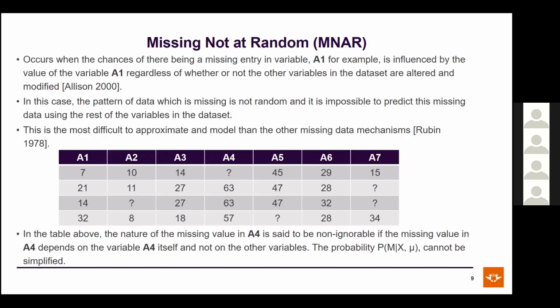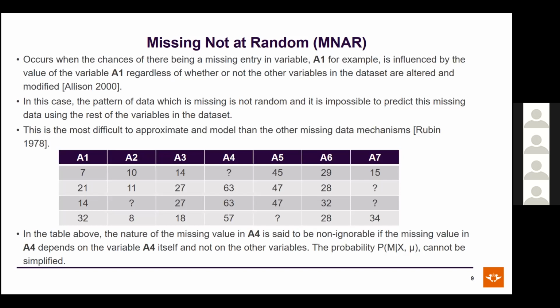The other missing data mechanism is missing not at random. Missing not at random is basically a scenario whereby the chances of there being missing data, we'll take A1 again, which is monthly income, because we're going to change it from a dummy variable to something representative so we can actually create a link.